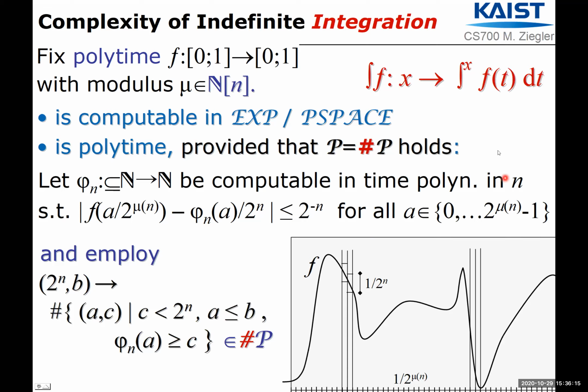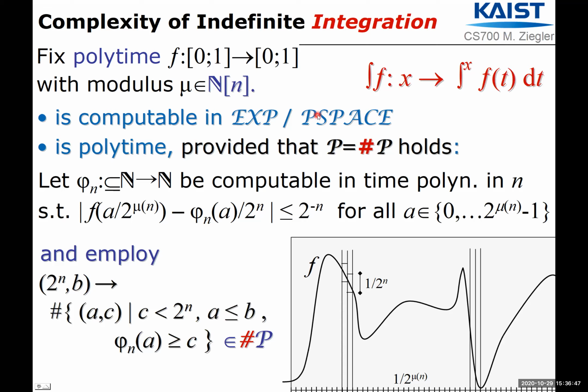The Riemann sum says that as the width of the partition tends to 0, the Riemann sum tends to the integral. And the quantitative version says, as the width is chosen to be less than 2 to the minus mu of n, for modulus mu, the exponentially long Riemann sum is an approximation to the integral up to error 2 to the minus n, which gives rise to an exponential time algorithm as previously.